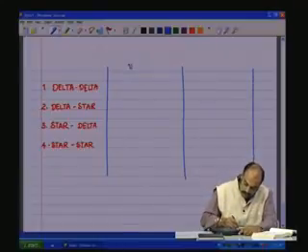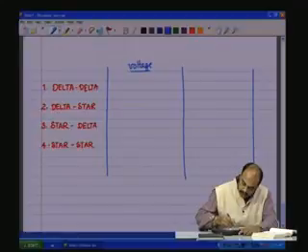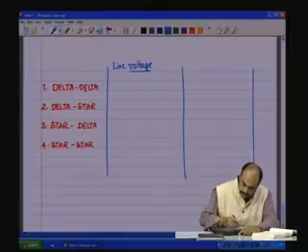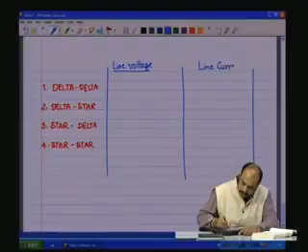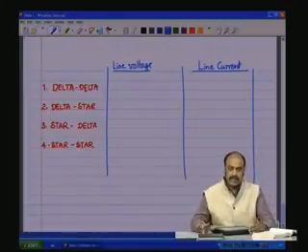One is the voltage relationships, or shall we say line voltage, and line currents. The loads are well balanced.